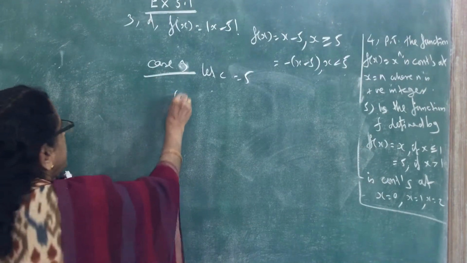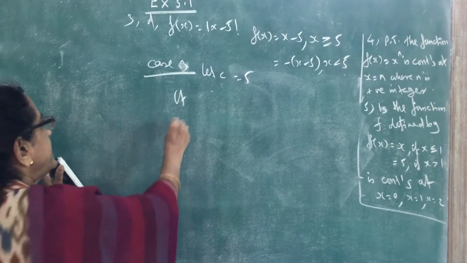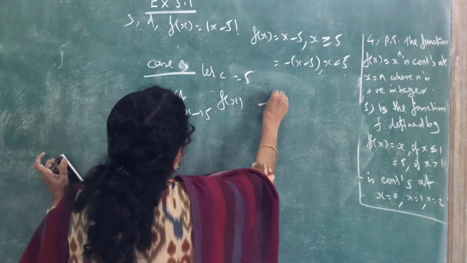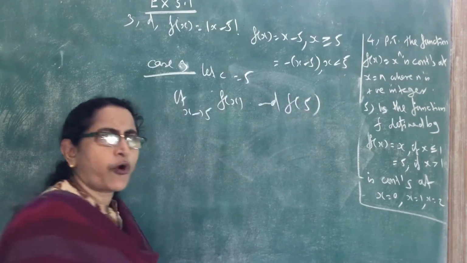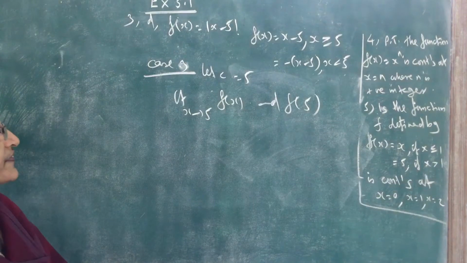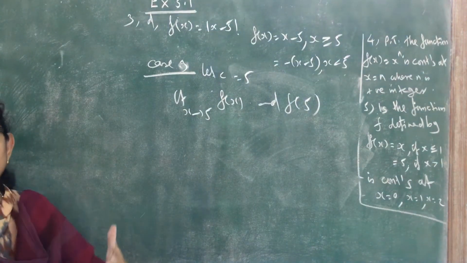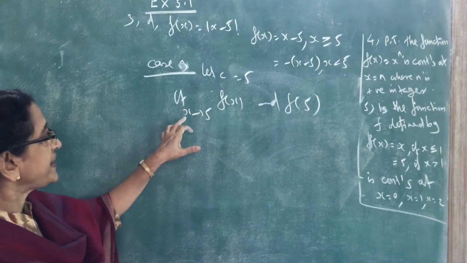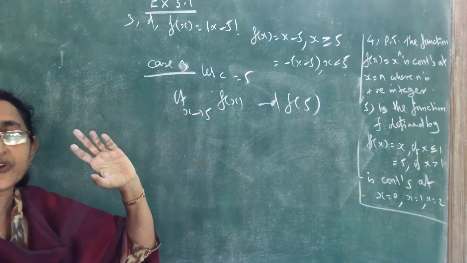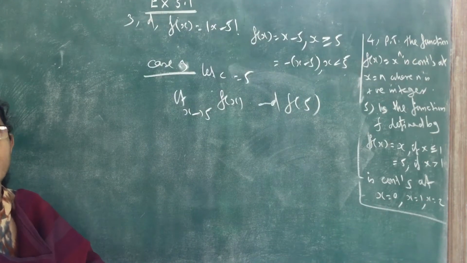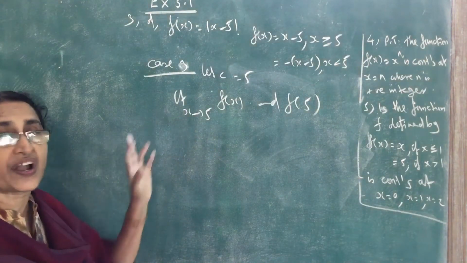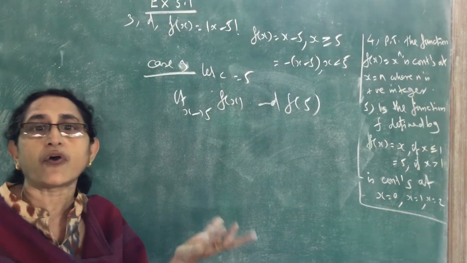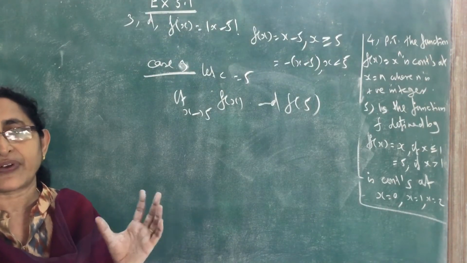So when we want to find limit x tends to 5, f of x and f of 5, these both we want to find and we have to check whether they are equal. That is what we want to prove. To find the limit x tends to 5 f of x, we have to consider left hand limit and right hand limit, because x comes closer to 5 means x can be less than 5 or greater than 5. x can come from left or right.